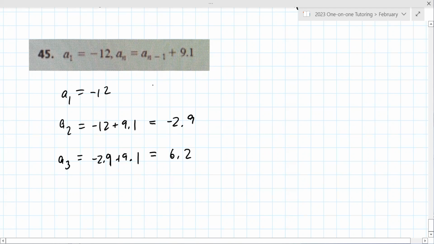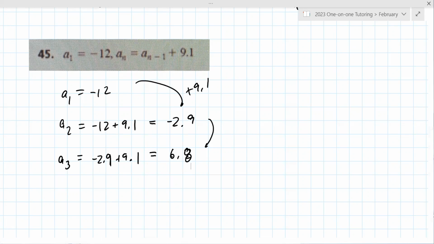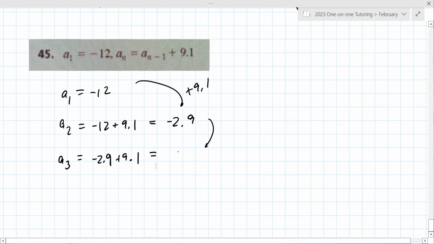And then there is a pattern. The pattern is you're adding 9.1 each time. Sorry, this is not right. This is 6. Yeah, that's not right. Sorry, let me grab a calculator here. -2.9 plus 9.1. So it is 6.2. I guess I did have it right.